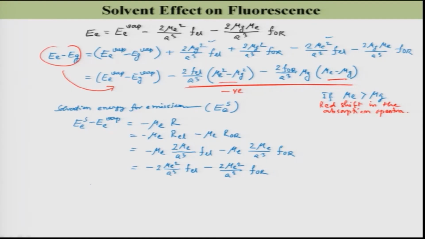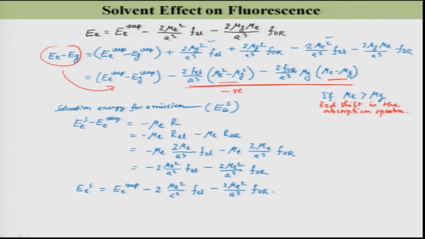So, I can write EES equal to EE vapor minus twice mu E square by A cube F EL minus twice mu E square by A cube F OR.